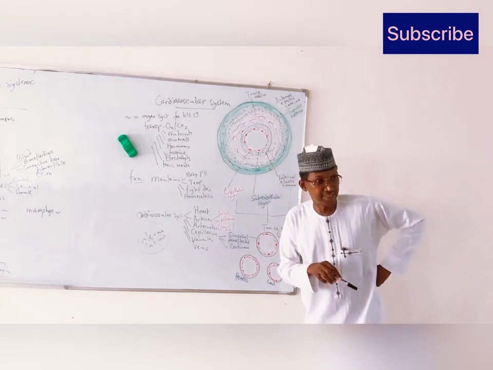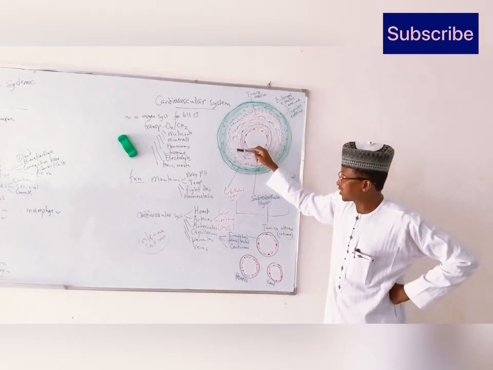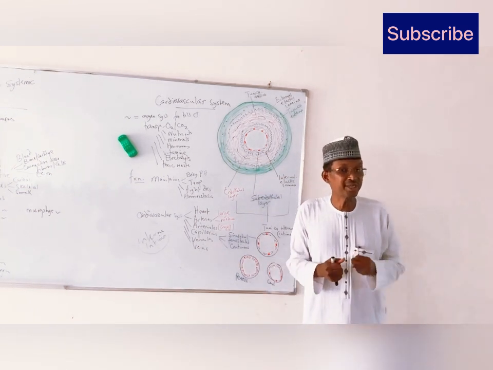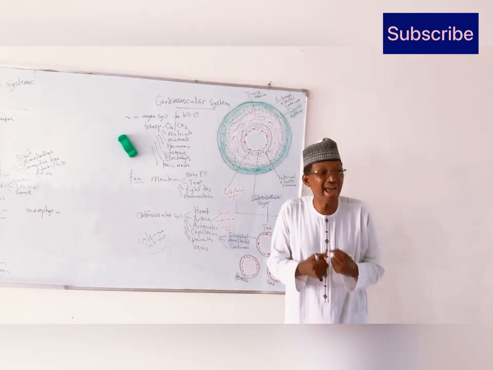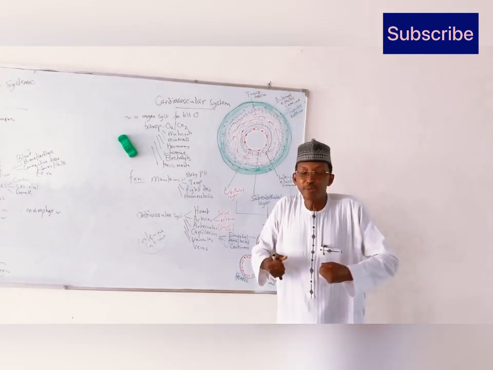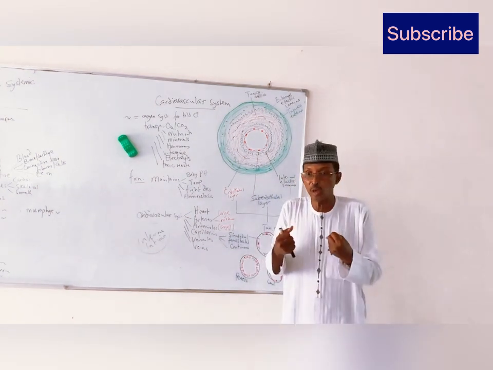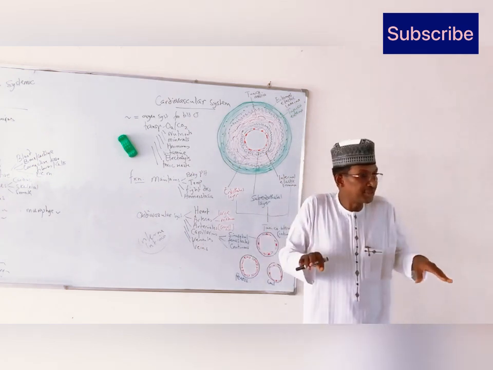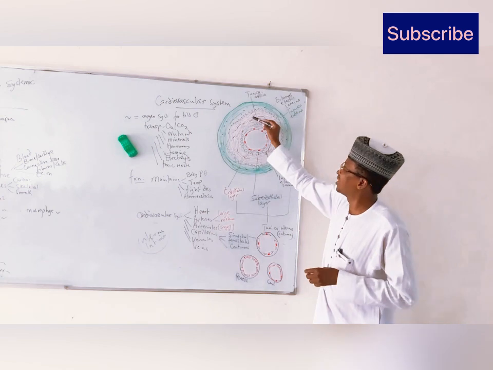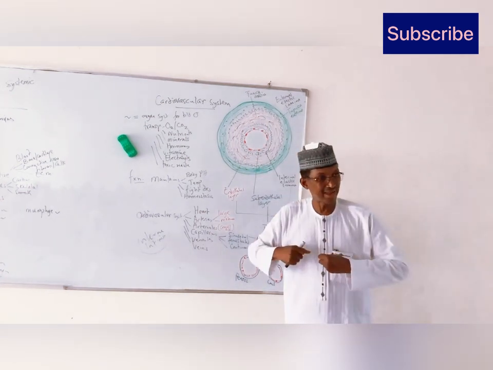Another difference is that because arteries carry blood with a higher pressure from the heart, for them to be able to push blood into different parts of the body, they must be strong. So that means the tunica media there must be thicker. Are you clear?